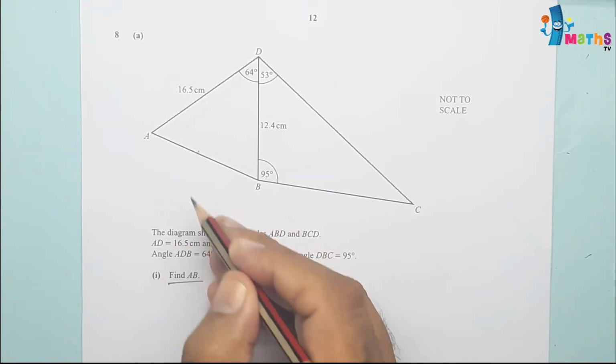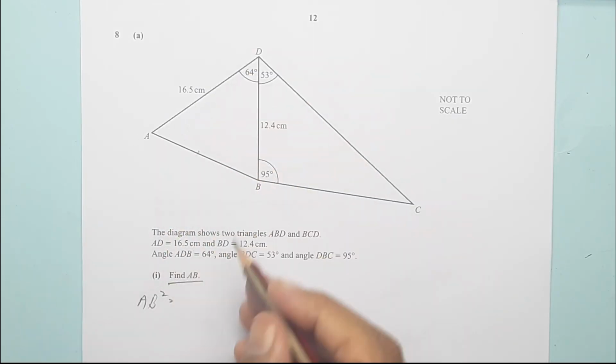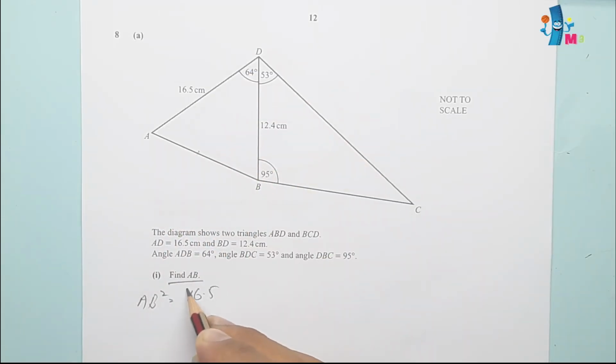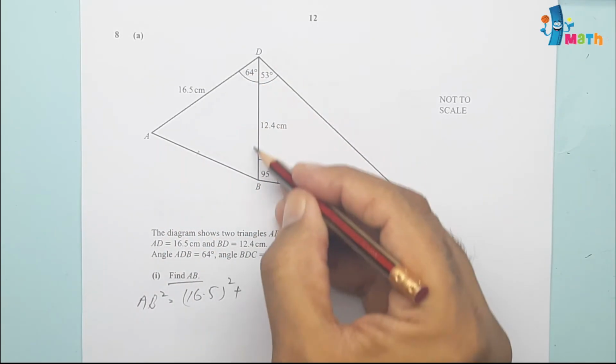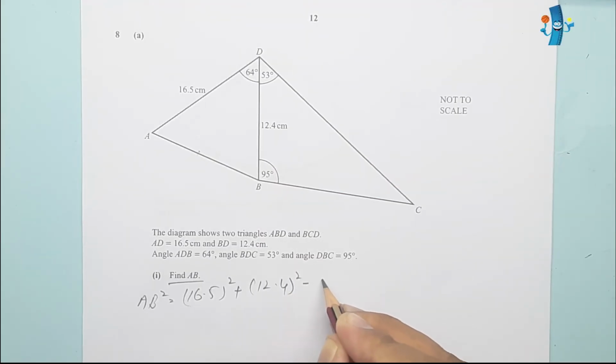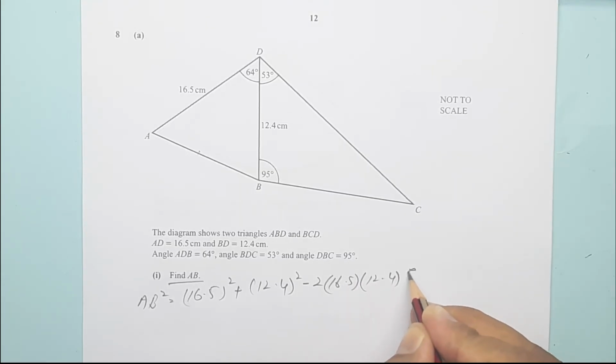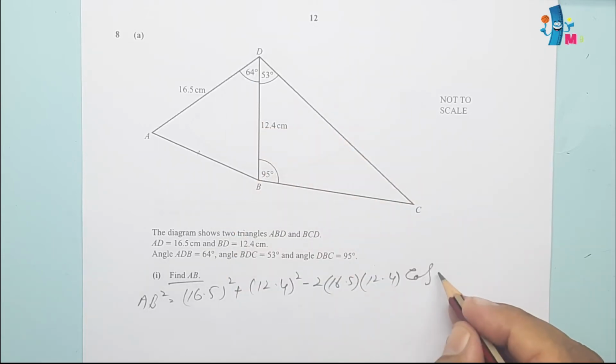AB is this side, we have to find this. So we will apply cosine rule. So AB square will be equal to 16.5 squared plus 12.4 squared minus 2 into A, which is this one, into B, which is 12.4, and cos of this angle, which is 64.